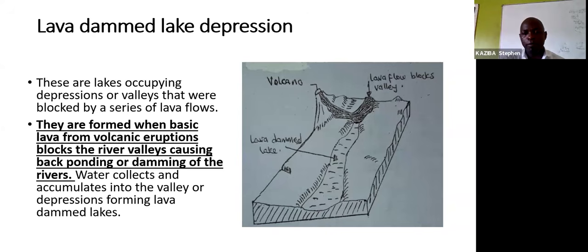Don't just draw a diagram without any labeling. For example, in that one, it has lava flows blocking the valley, then lava-dammed lakes. But make sure you do that at a very fast speed. In theory papers, try to be very fast. You have to work very hard and work very fast.